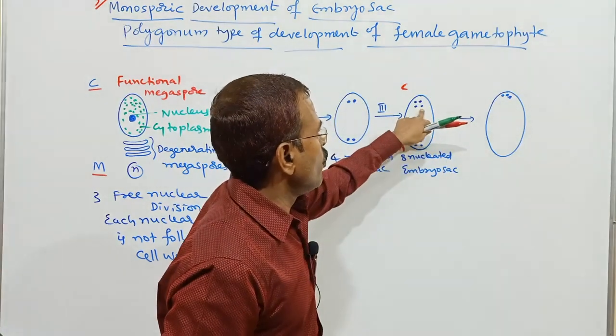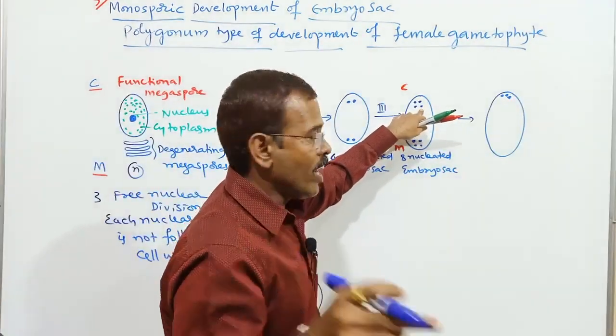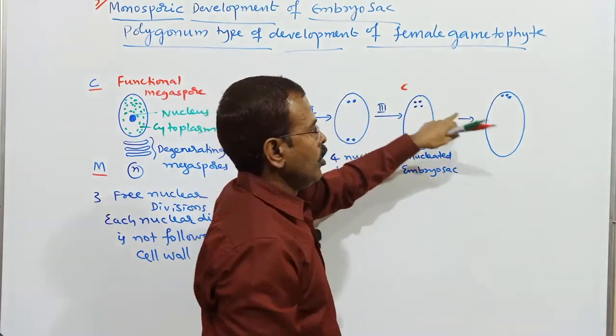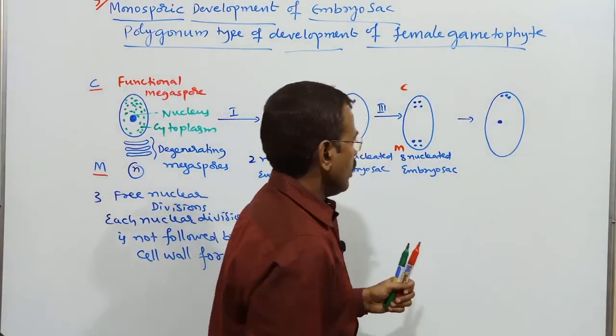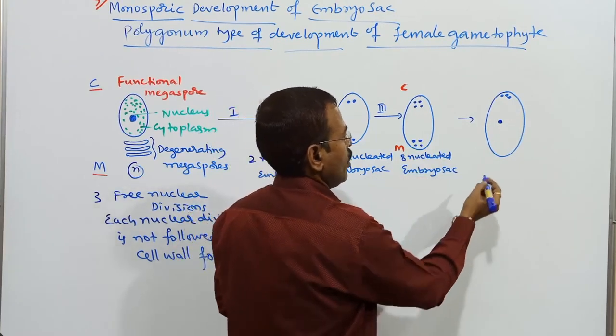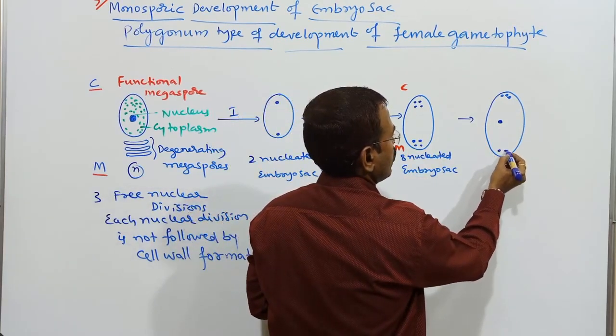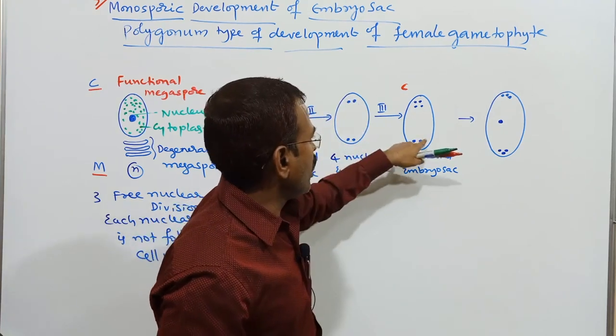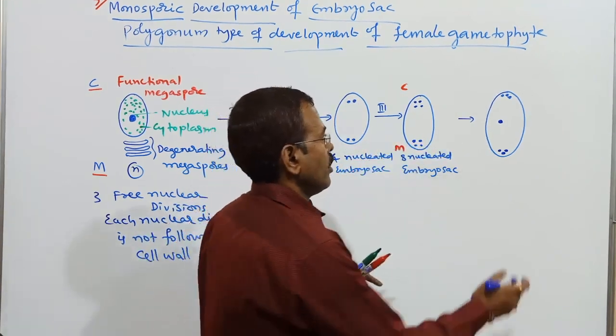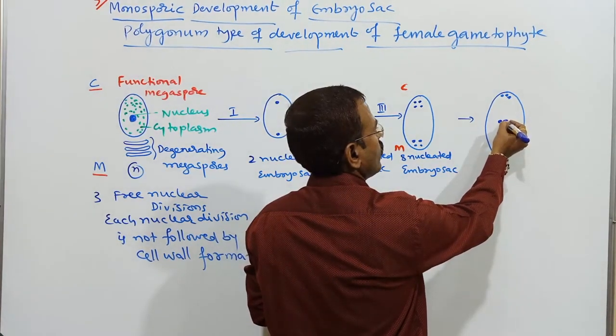One of the nuclei toward the chalazal pole moves to the center. Similarly, one of the 3 nuclei toward the micropylar pole goes towards the center.